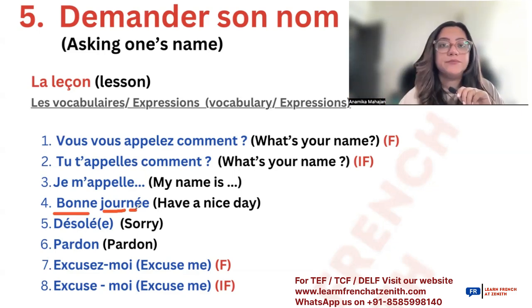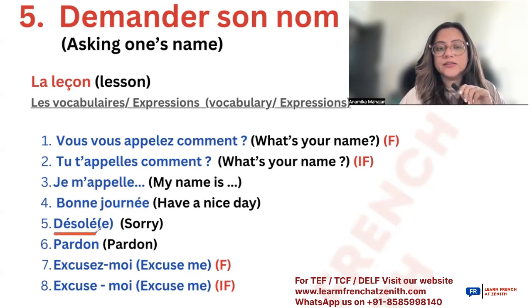You can just simply say bonne journée. There is an accent on E, which is accent aigu, and the sound of this accent is A. Bonne journée. Have a nice day.